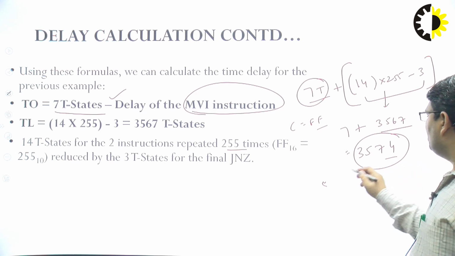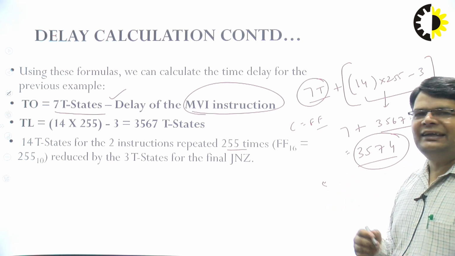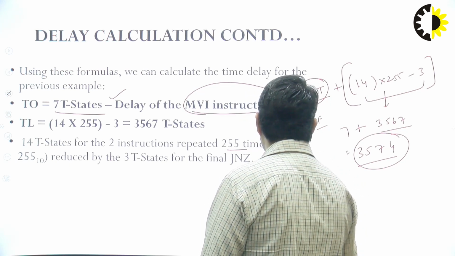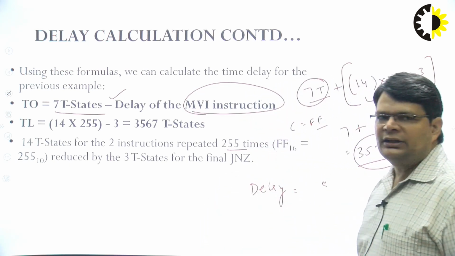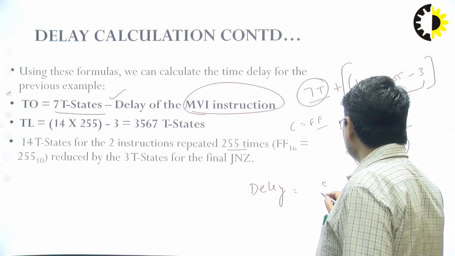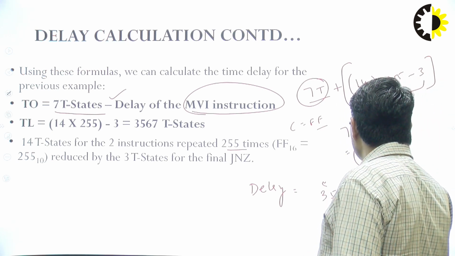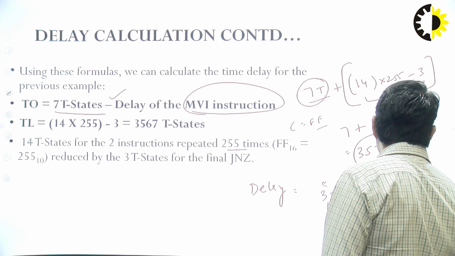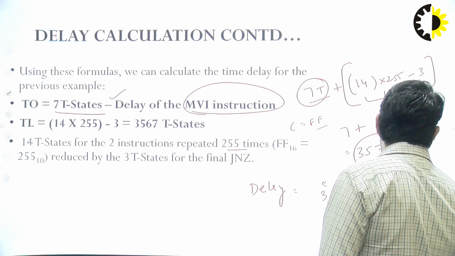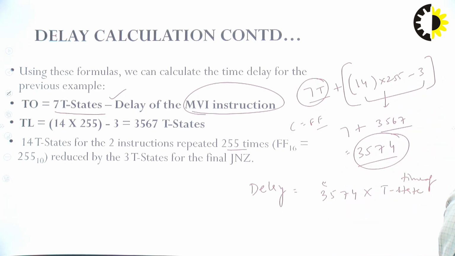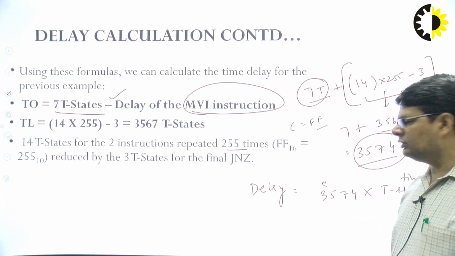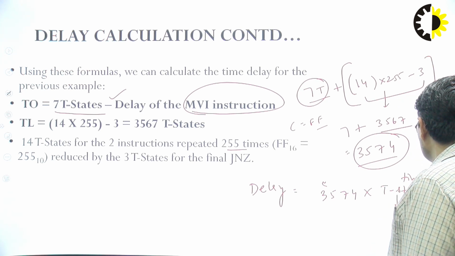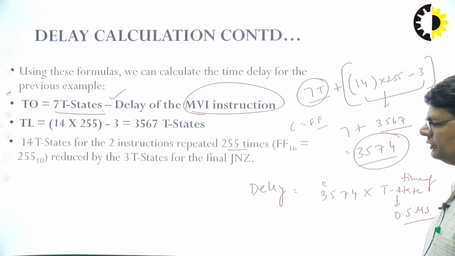So the amount of delay generated by this delay loop will be 3574 multiplied by the time of 1 T state, and if we have taken 2 megahertz, it was 0.5 microsecond.